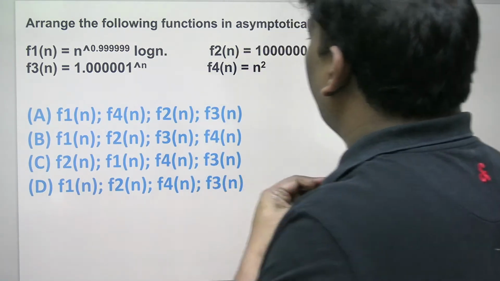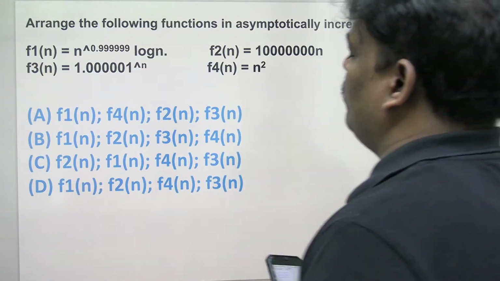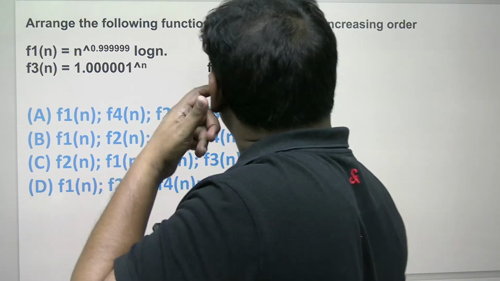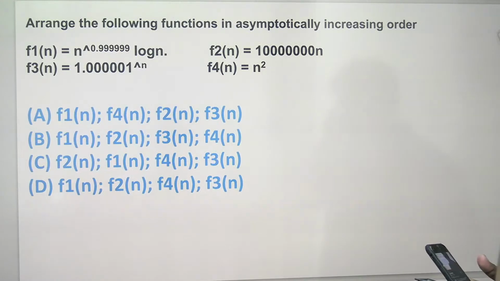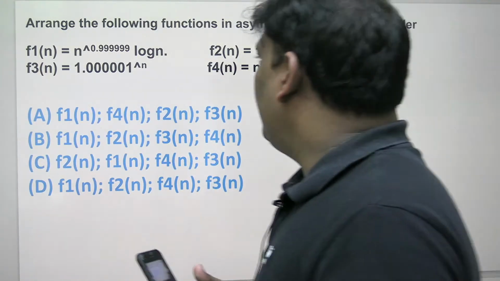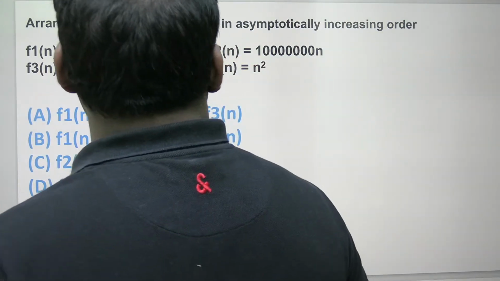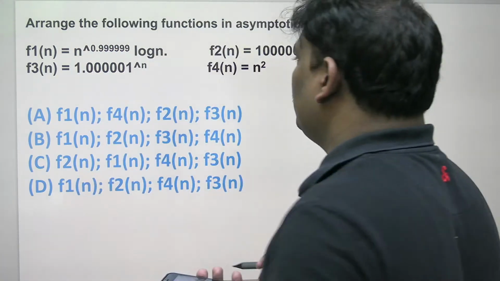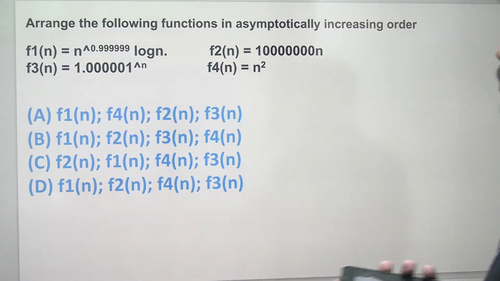Arrange the following functions in asymptotically increasing order. I think it's a nice problem. Let's check one time.